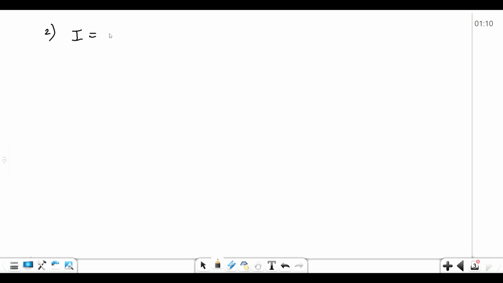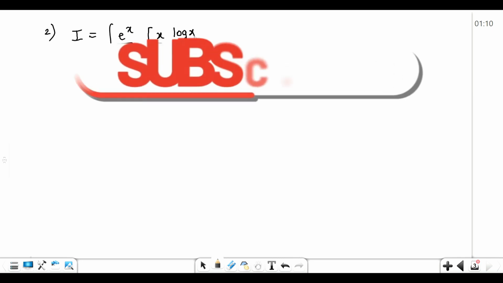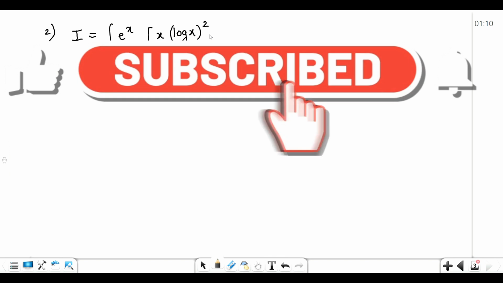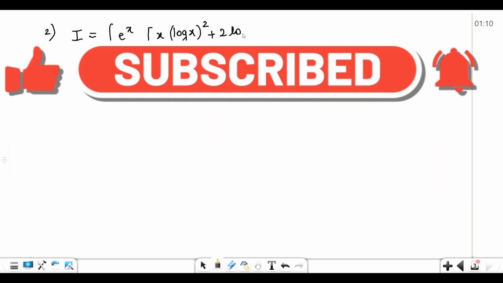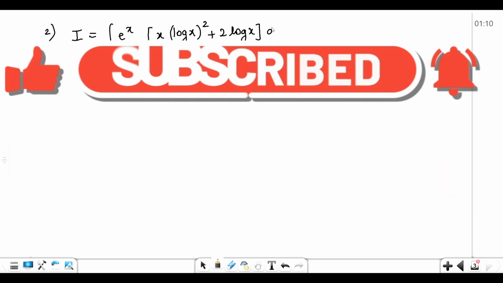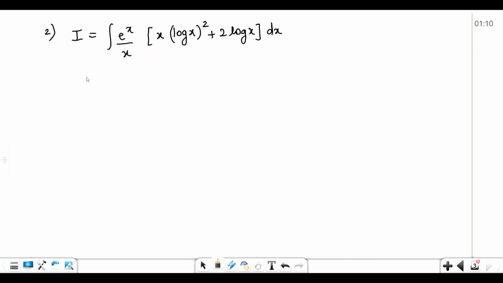I is equal to the integration of e raised to x, then we have upon x also, then we have the bracket, x log of x the whole square plus 2 log x, bracket close, dx. Now the idea is to keep the e raised to x aside, with nothing else with it.